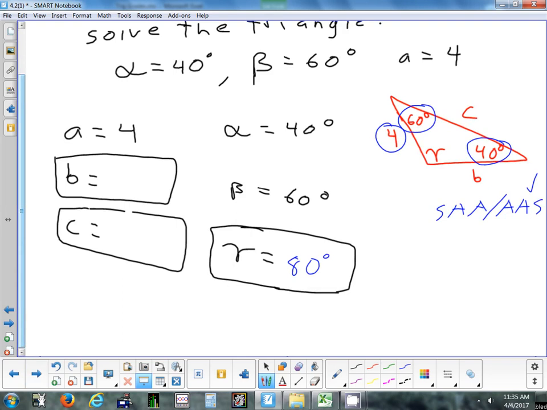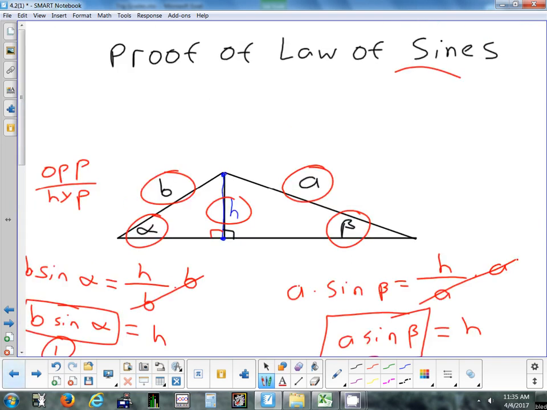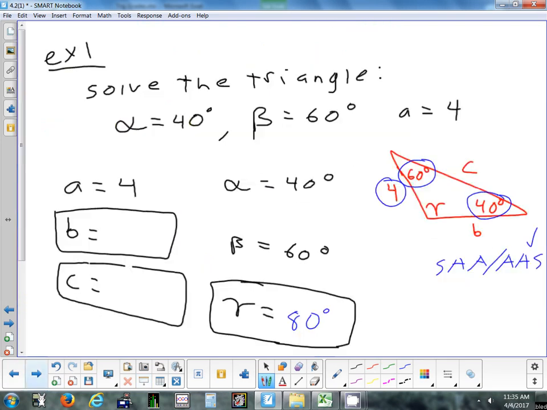All right, let's try to do B first. So we'll find B. You're always going to set up a proportion, and we're going to use two parts of this law. I definitely want to use the part of the law that has A and alpha, because I know both of them.